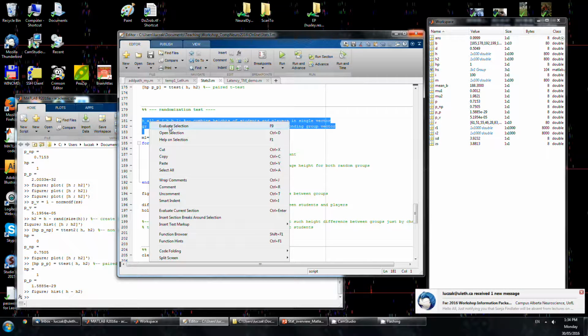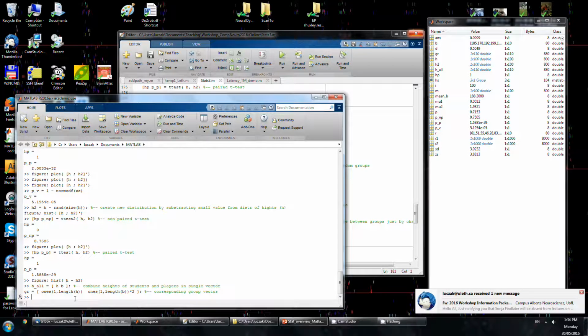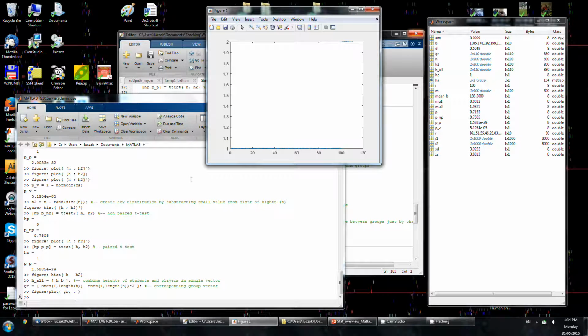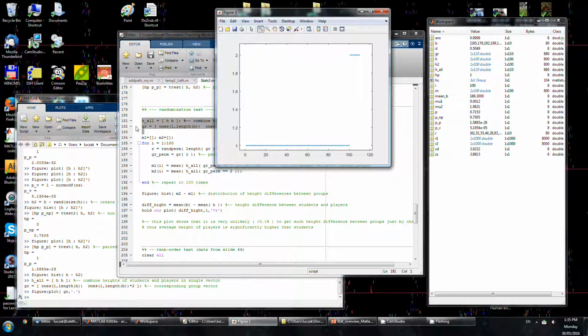So if I click here and now plot group, what you will see, again, because MATLAB is not very smart when scaling plots, is what I did with this group variable: it assigns group number 1 to the first 100 people and group 2 to the last 10 people, because of the way I concatenated those vectors.